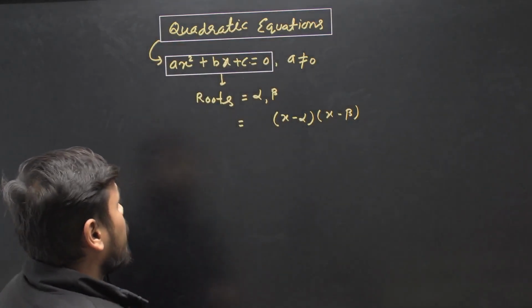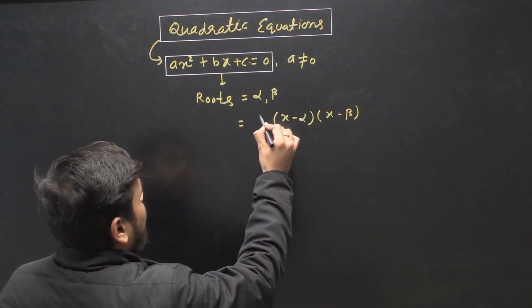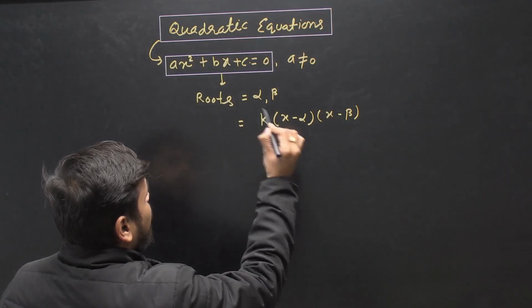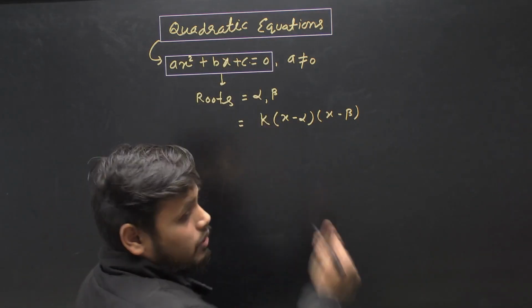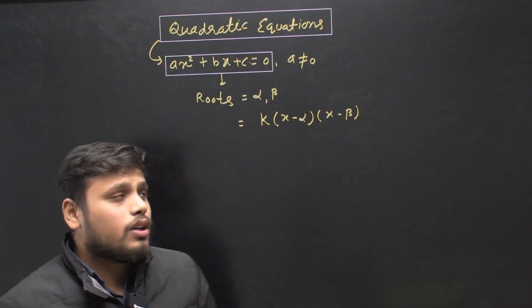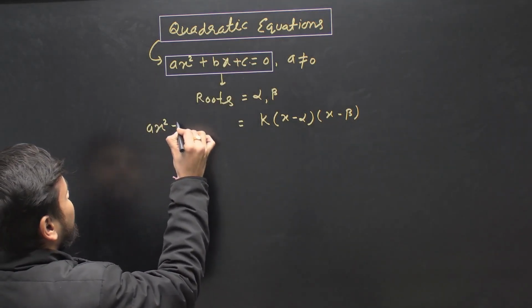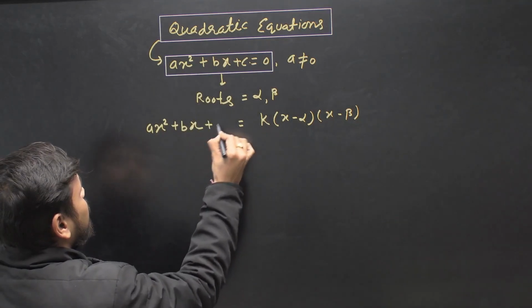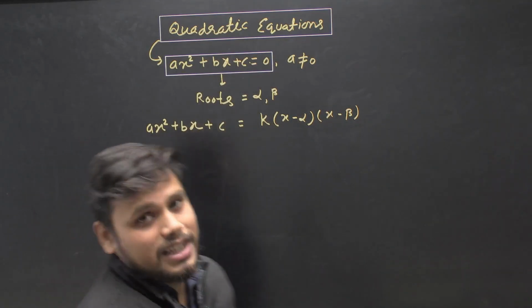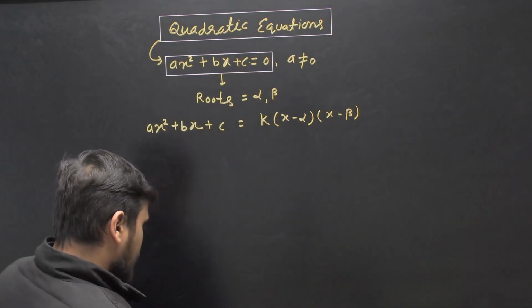But we know that if we put a constant k here, the roots are still alpha comma beta, right? So to balance it out, we can say the quadratic should be in this form: ax square plus bx plus c equal to k times x minus alpha into x minus beta.